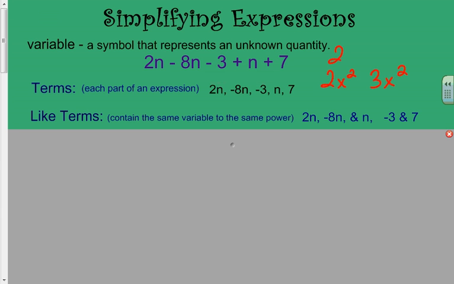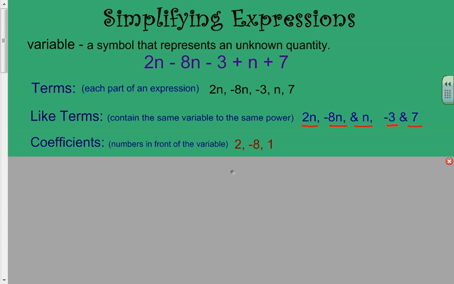But if you had 2x squared and 3x, those are not like terms because they do not have the same exponent or the same power. In this expression, our like terms are going to be 2n, negative 8n, and negative n, those three. Also, negative 3 and negative 7 are like terms. And we have a vocabulary term to describe negative 3 and negative 7. We'll get to that in a minute.